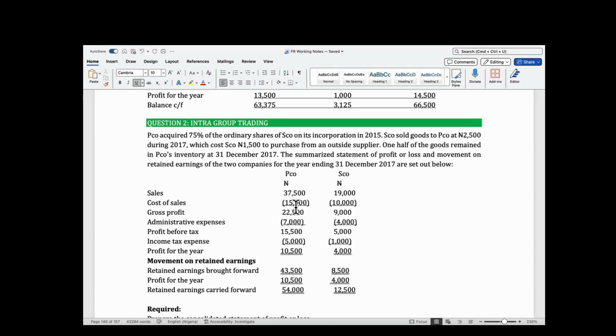Half of the goods remained in PICO's inventory at 31st December 2017. The summarized statement of profit or loss and movement in retained earnings of the two companies for the year ending 31st 2017 are set out below.